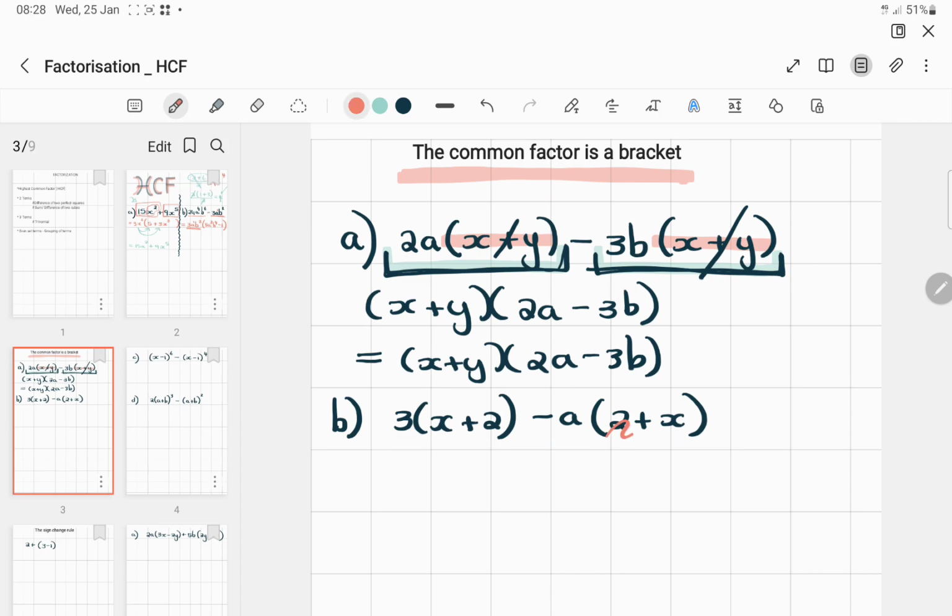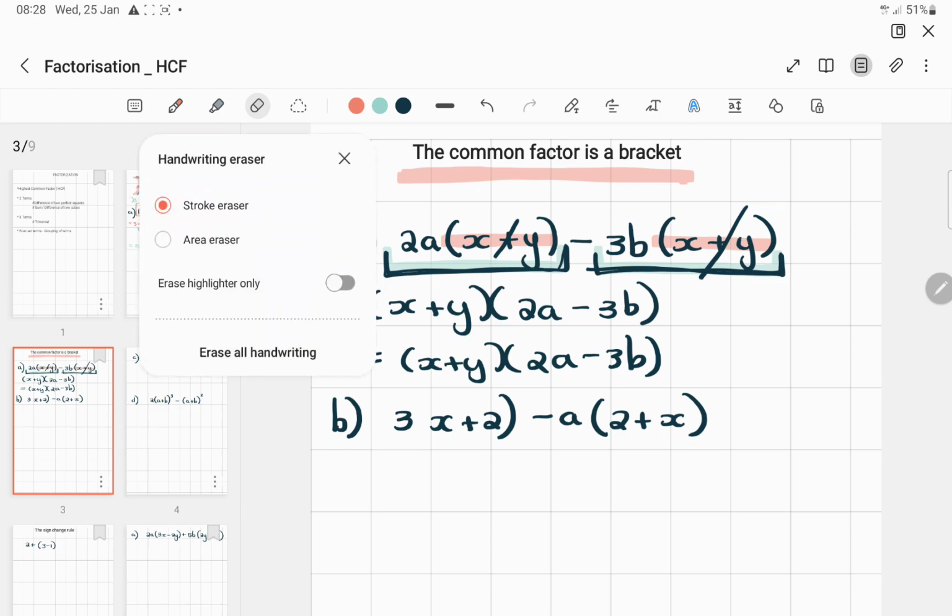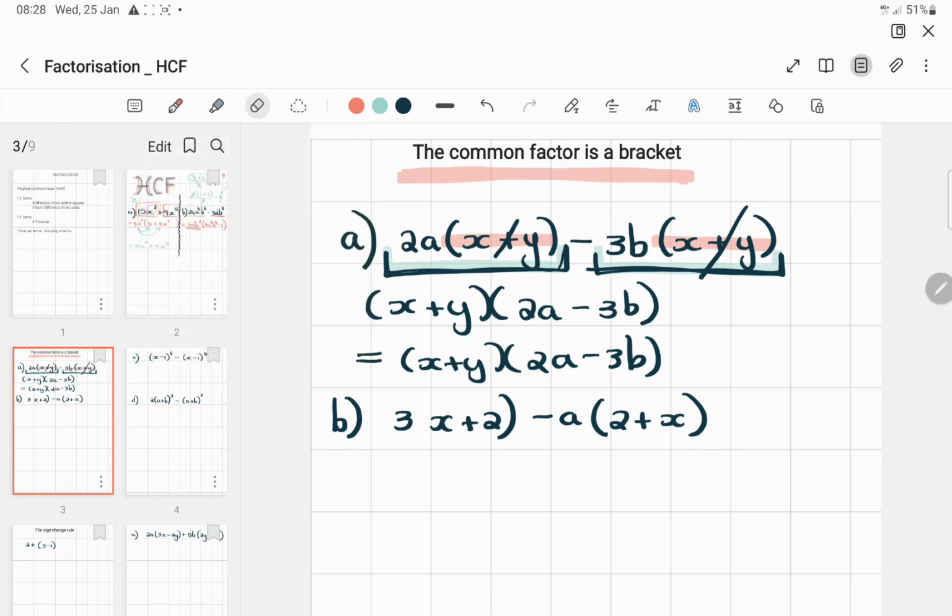Now, with the 2 brackets, remember that x plus 2, now I've done the wrong thing, sorry. Let me just get that back over here. All right. Sorry. If you've got, these are your 2 terms.